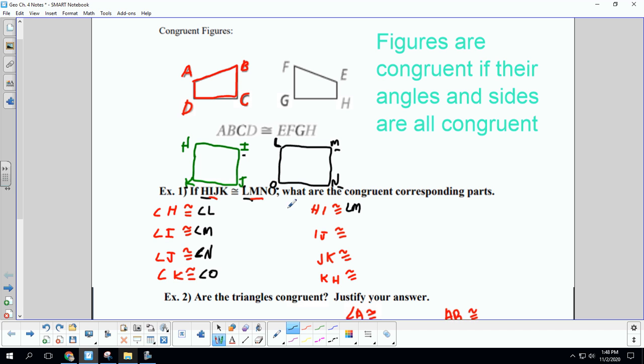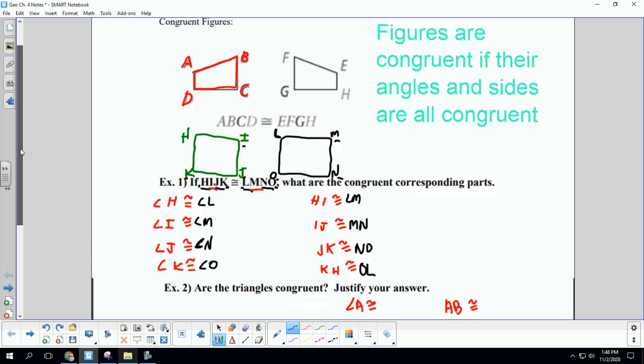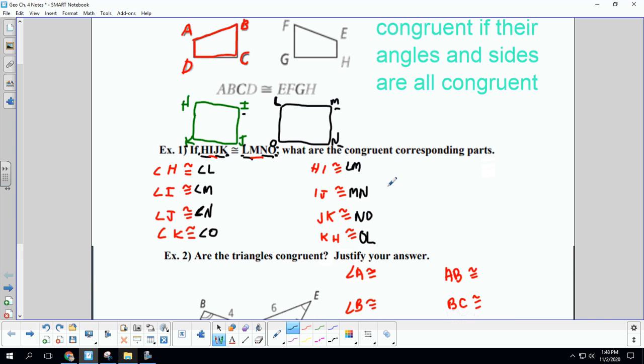So IJ matches up with MN. JK matches up with NO. And KH matches up with OL. All right, so once we get all the angles squared away and all the sides squared away, we have listed all the congruent corresponding parts.